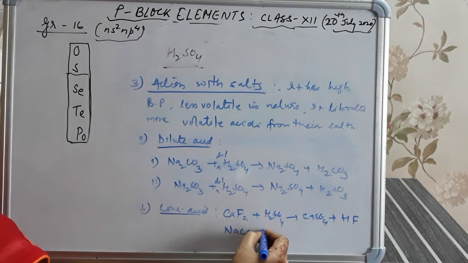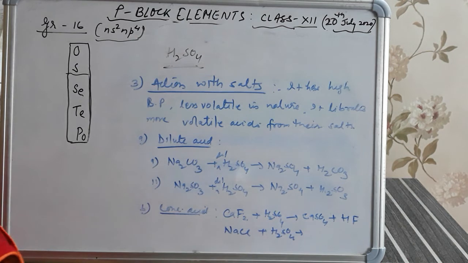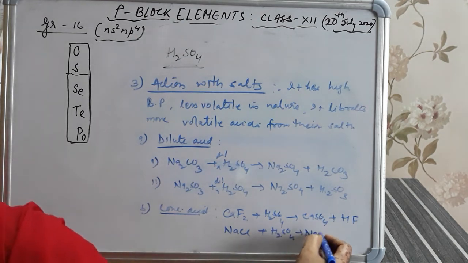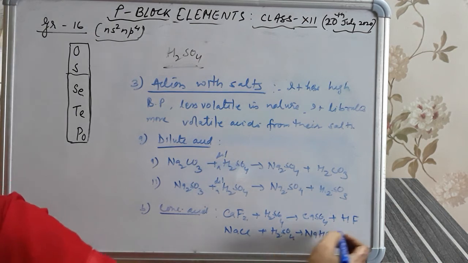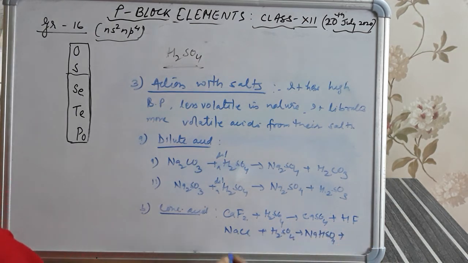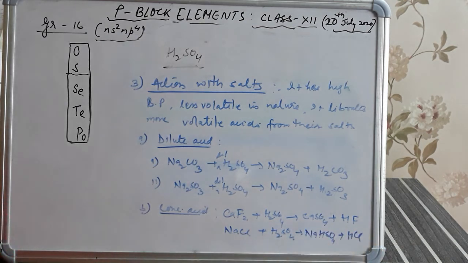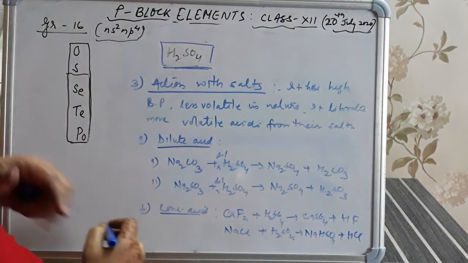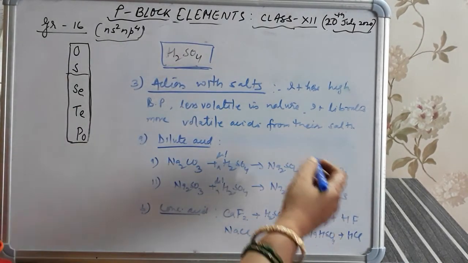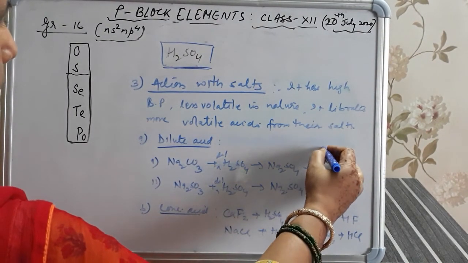Similarly, if we have NaCl and concentrated H2SO4, it will form sodium bisulfate, NaHSO4, not sulfide, and hydrogen chloride, HCl. So students, in this way, whenever sulfuric acid is treated with this type of salts, the corresponding volatile acids are liberated.